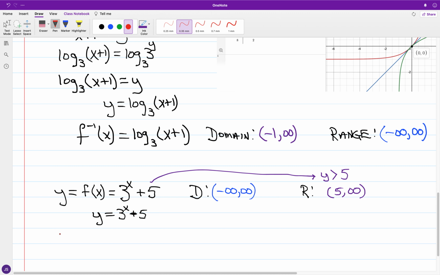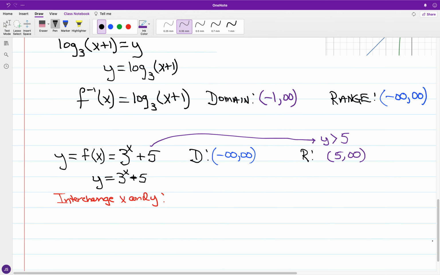And once more, as I interchange x and y, in the initial rewrite, we're going to have x is equal to 3 to the y plus 5. And once more, I'm going to get 3 to the y by itself. So I'm moving a different constant this time around.